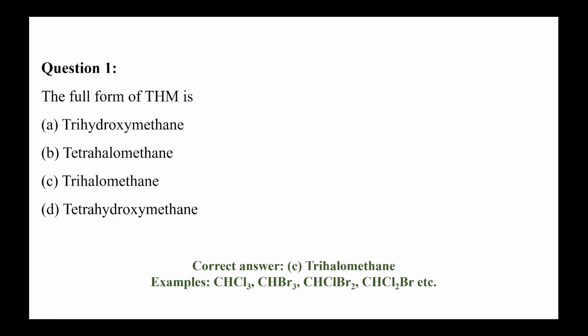Trihalomethane means there are three halogen molecules attached to a methane. So methane is basically CH4. So you have carbon attached to 4 hydrogens. So instead of these hydrogens, 3 of the hydrogens are replaced with halogen molecules.